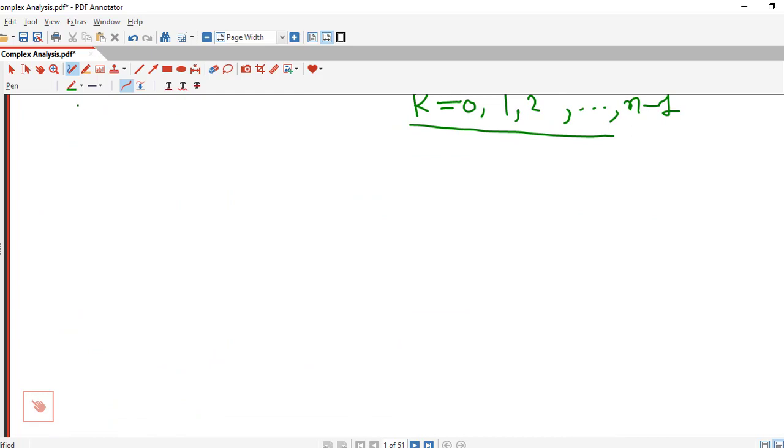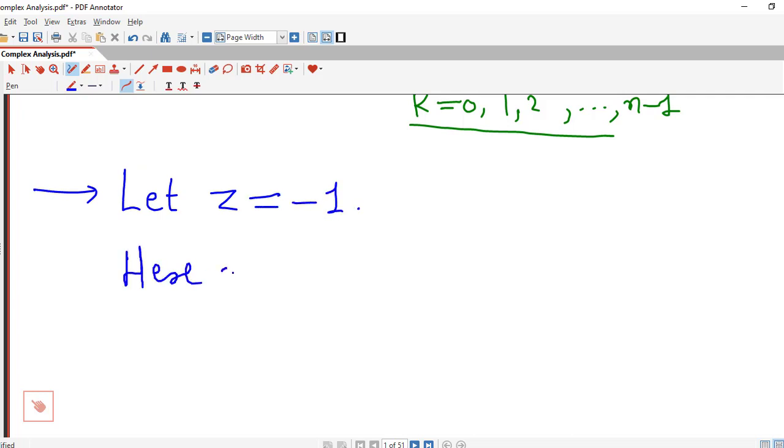So first we consider z equal to -1. We are asked to find out fourth roots of -1, so value of n is 4. Now we first find out absolute value of z, which is denoted by small r.